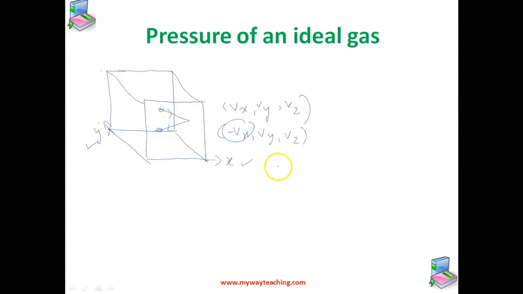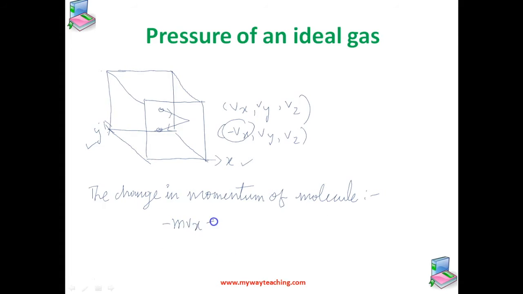The change in momentum of the molecule is given by minus mvx minus mvx, that is, minus 2 mvx.